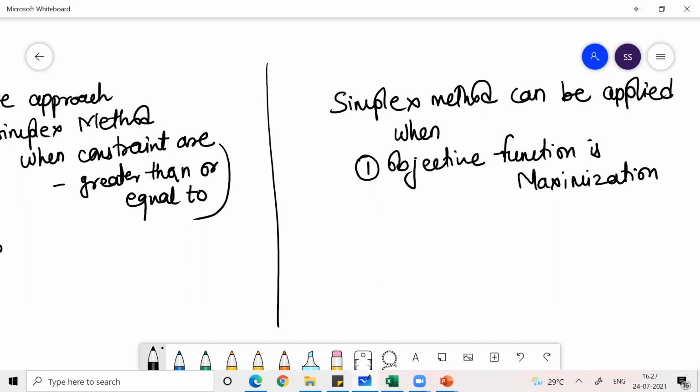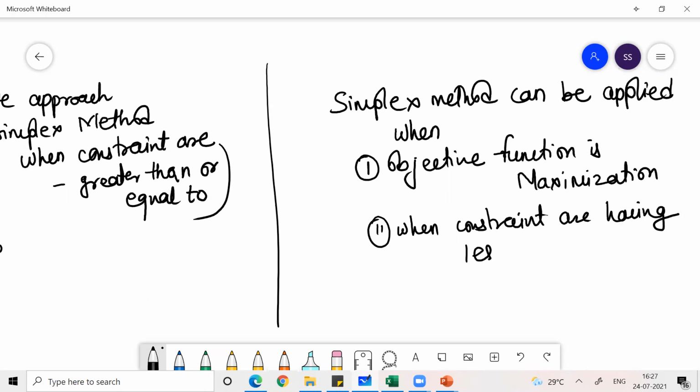Then, we can use the simplex method when the constraints have a less than or equal to inequality.